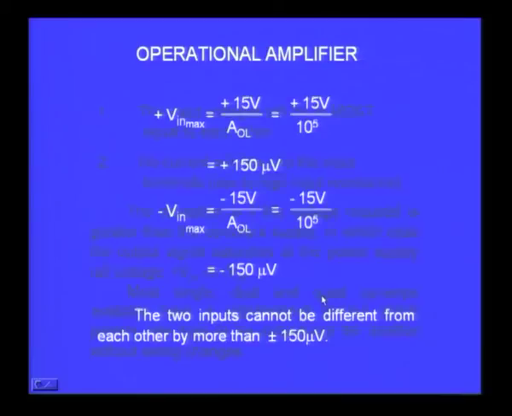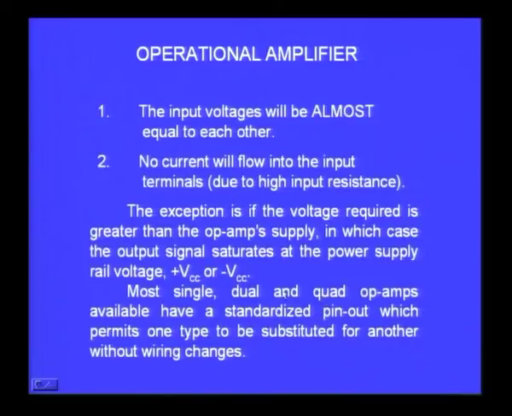So, with this concept in background, we get the two important concepts for understanding operational amplifier circuits. They are, the two input voltages will almost be equal to each other within plus or minus approximately 150 microvolt. The second important point is no current will flow into the input terminal ideally. This is because in general the operational amplifier input resistance is very large.